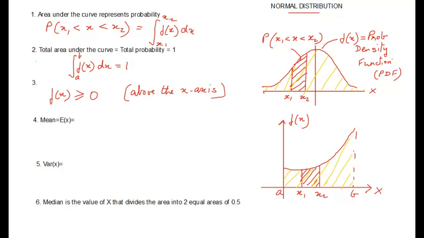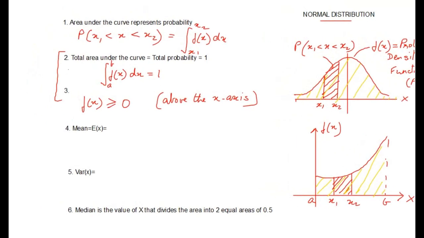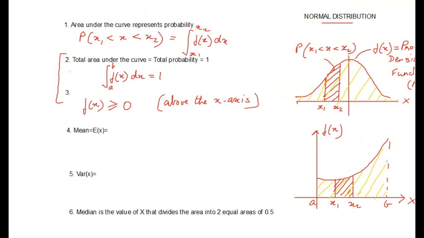These two are the defining properties of a probability density function. So what do I mean by that? In your papers, you might get a question saying, this is a function, show that it could be a probability density function.